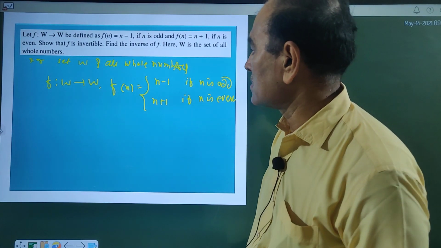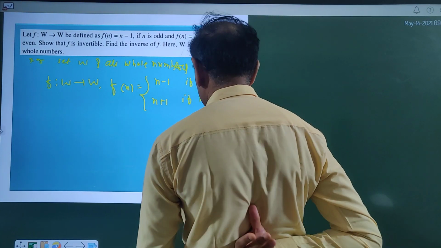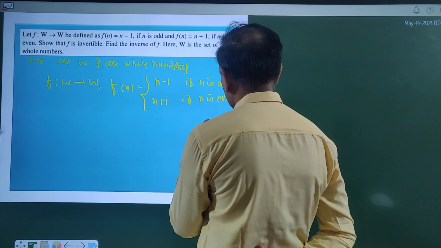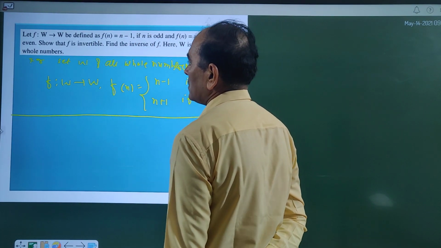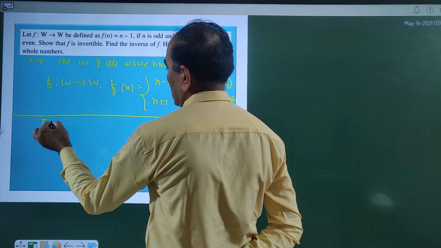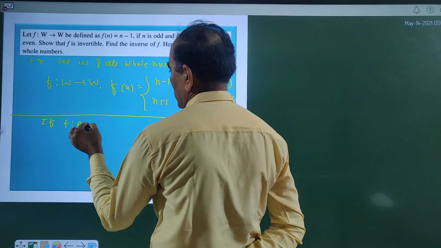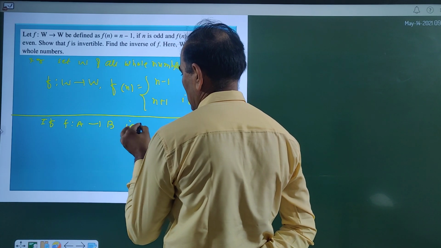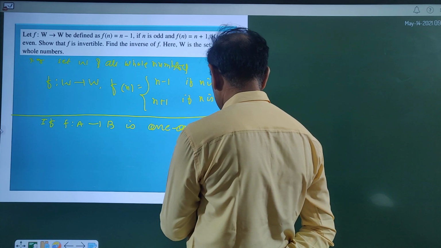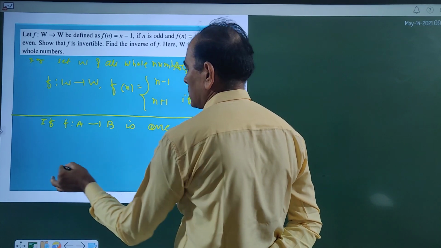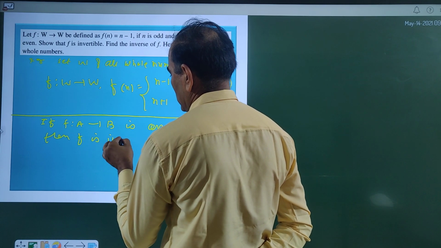Here, this is a most important example. First of all, I would like to recall the concept of inverse function once again. If f from A to B is one-one and onto, then f is invertible.